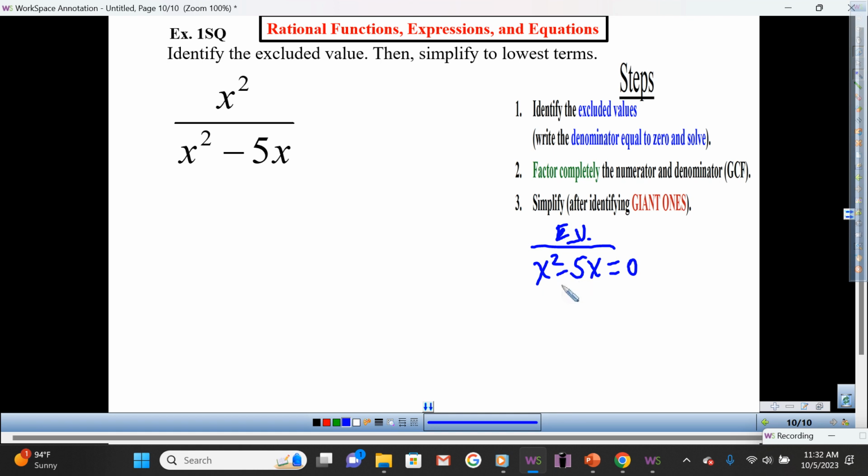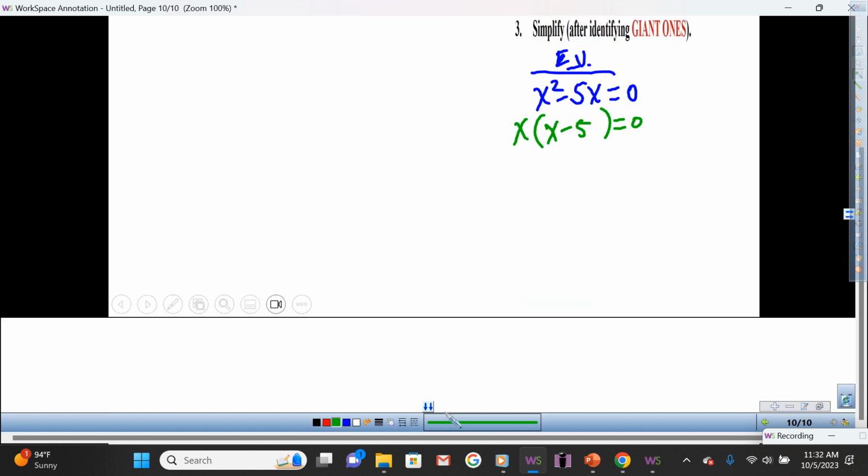Right away we want to factor with square root, but we can't take the square root of 5. So let's start with the 2 steps: standard form and GCF. Is there a GCF? Yes, what is that? X. So we do X. That leaves us with X minus 5 and all that equal to 0.